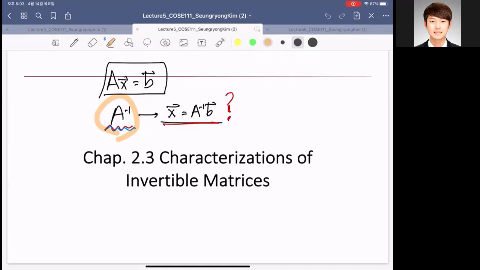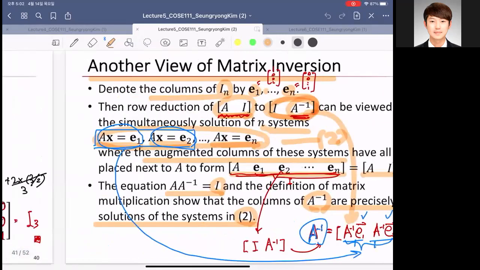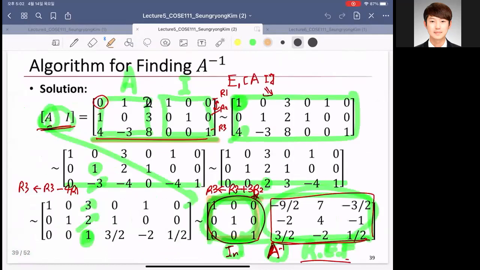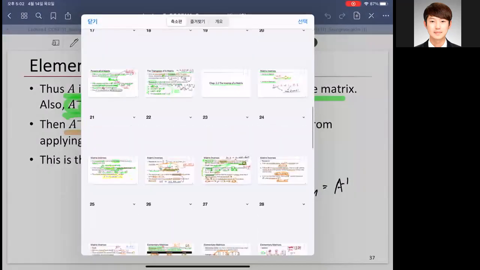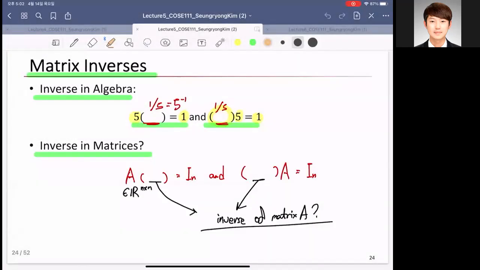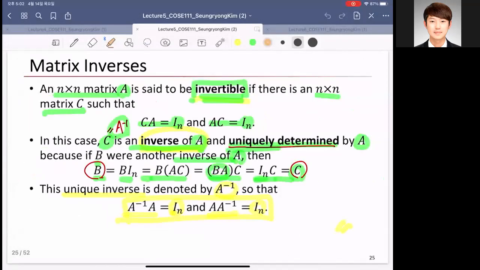Right. Today, let's start the characterization of matrices. So far we have discussed matrices. Let's recap. Last Monday we discussed what the matrix inverse is. The inverse of matrix A is uniquely determined, written A^-1.